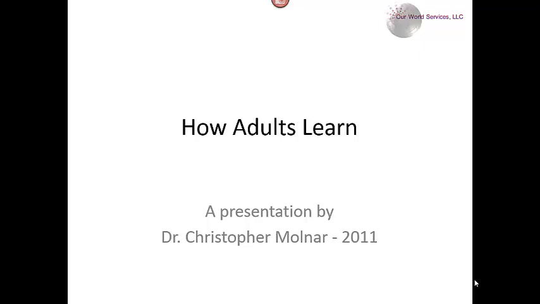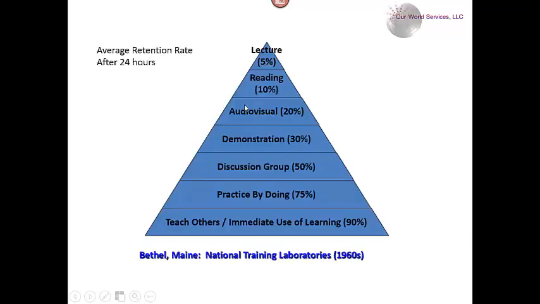So let's just go through a couple things, and hopefully this will help set the stage for what we're hoping to accomplish. One of the things we have to be aware of is the average retention rates for adults after a 24-hour period. This was done through a study by the National Training Laboratories in the 1960s.